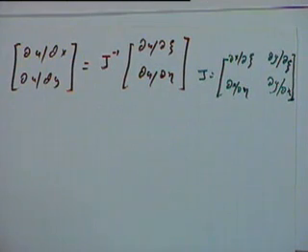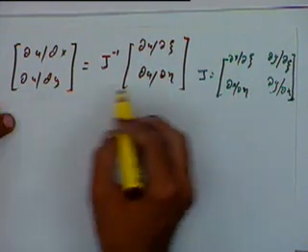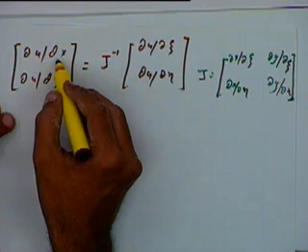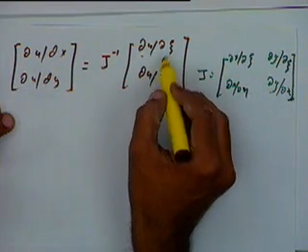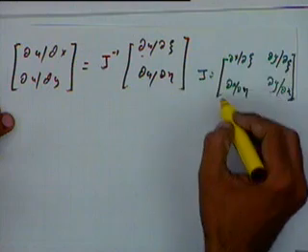And in order to find expressions for del u by del x, I now need to find out del u by del zeta, del u by del eta, and these four terms.